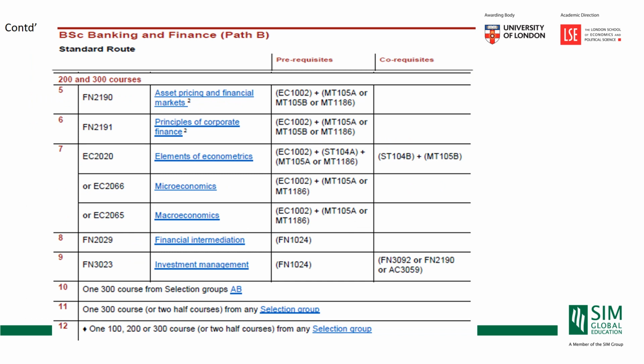So course 5, 6, 7, 8, 9, 10, 11, 12. These are the remaining 8 units or 8 courses required to be taken during year 2, after you have passed the year 1 foundation courses or prerequisites. Okay, so as you can see, course 5 is FN2190, Asset Pricing and Financial Markets.